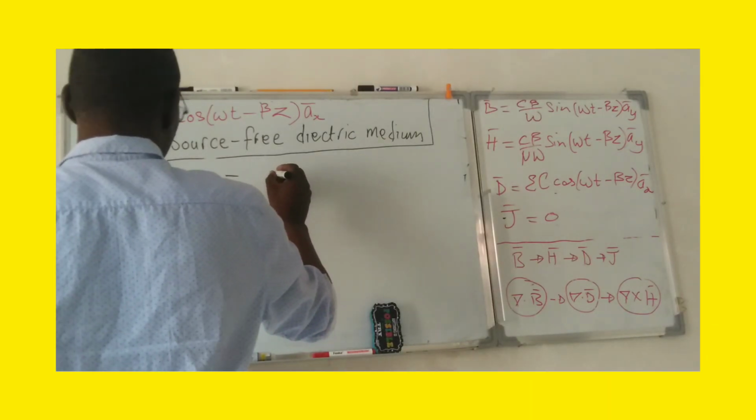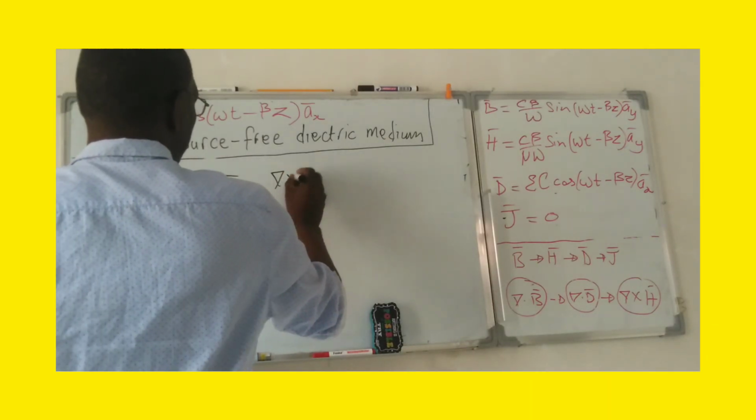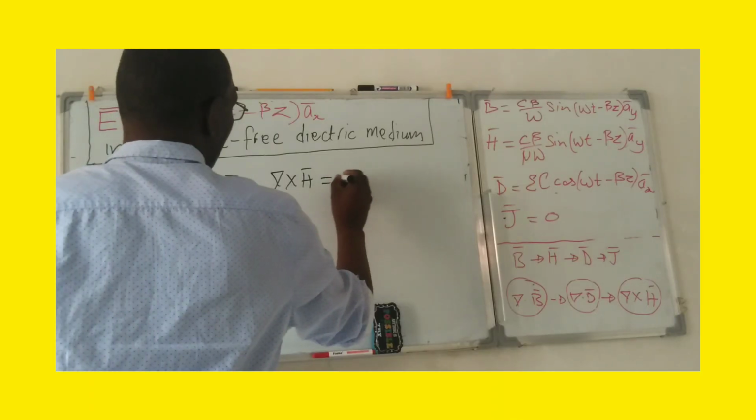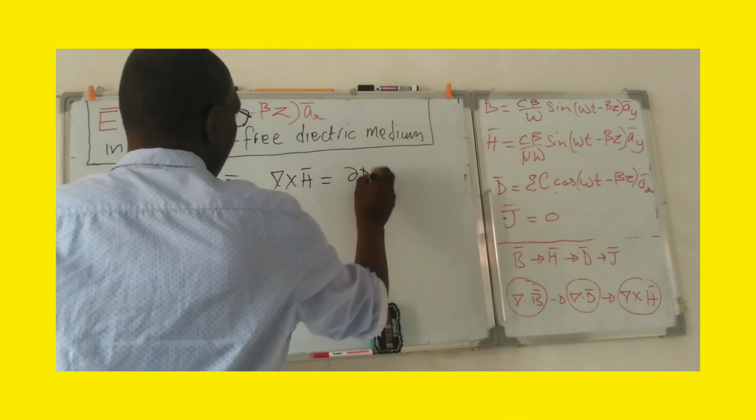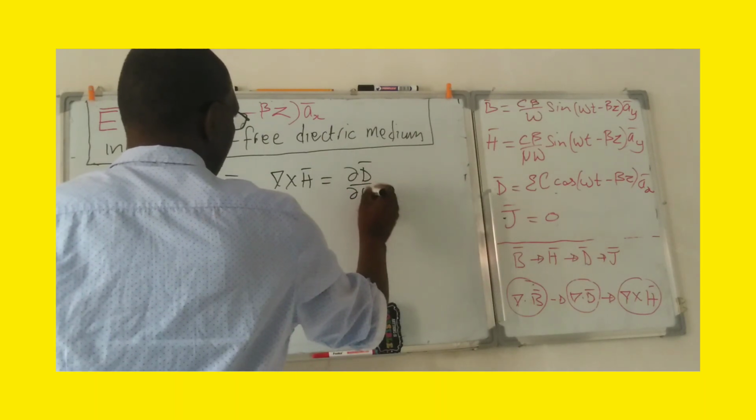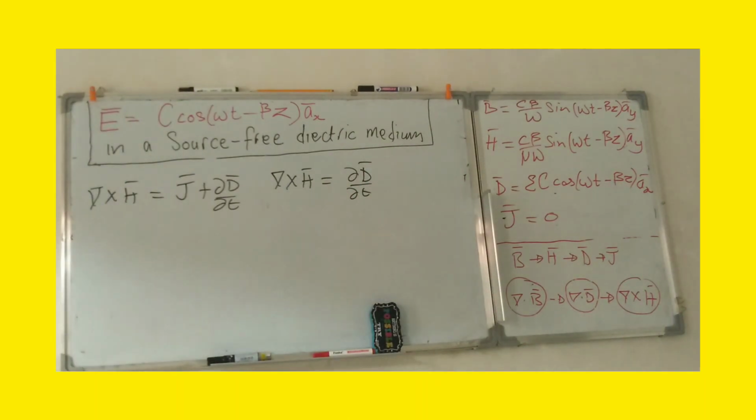So therefore, all we have is curl of H is equal to partial D partial T.